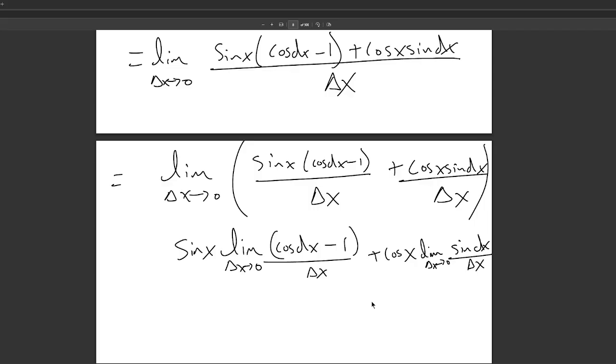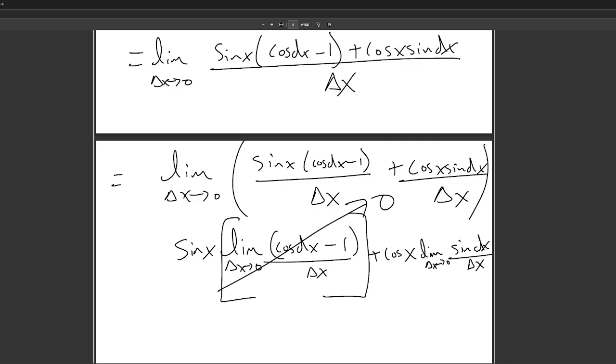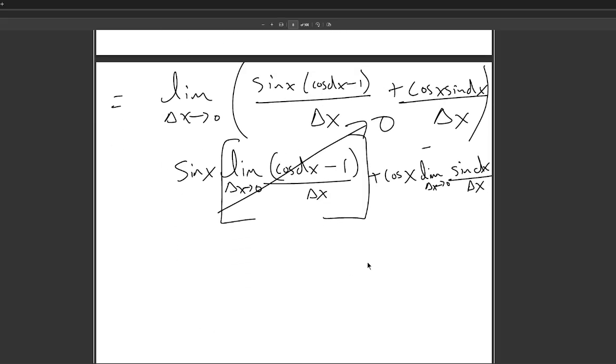I know technically you're getting 0 over 0, and that's not the same as just 0. But imagine I were to tell you that this limit, if you use some more advanced techniques, just goes to 0. It goes to 0 if I use this thing known as L'Hopital's rule, but let's ignore that for now. So this entire left term goes to 0. And again, if I use that same L'Hopital's rule for this limit, I get 1. So then, effectively, I just get cosine x.